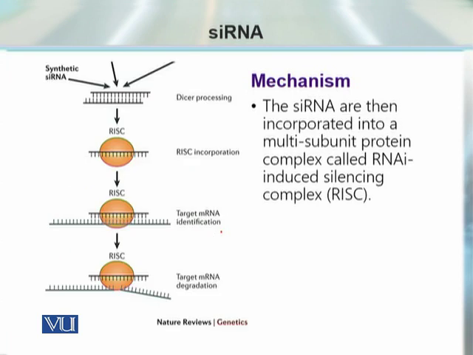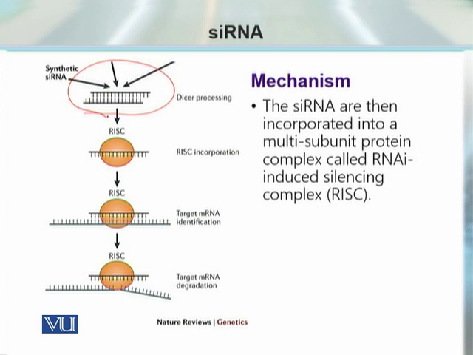Once the enzyme Dicer has performed its function, the siRNA molecule is made available with a shorter length of 20 to 24 nucleotides or base pairs. Then comes another multi-protein complex known as RISC, or RNAi induced silencing complex.